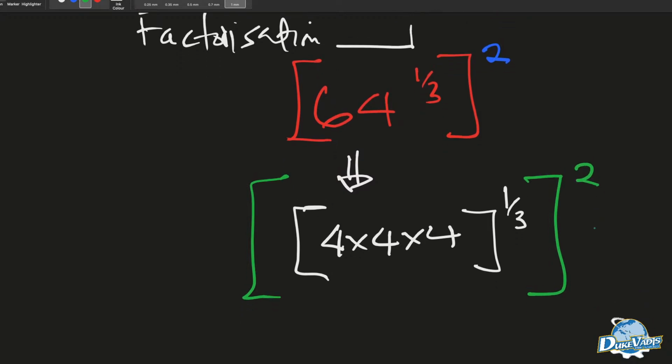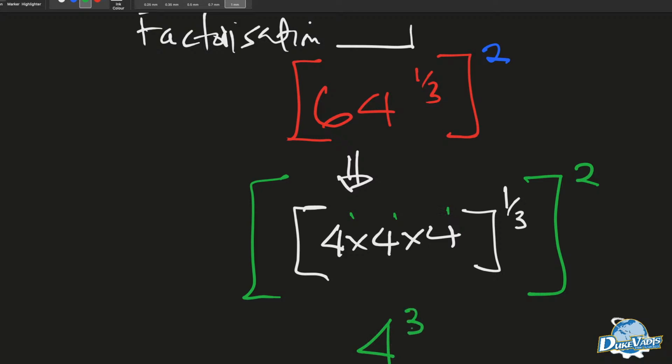You know that the exponent of 4 is 1. This is 4 to the power 1, 4 to the power 1, 4 to the power 1. With the principle of indices, when you multiply 4 by 4 by 4, you're adding the exponents. So this is going to be 4 raised to the power 3.